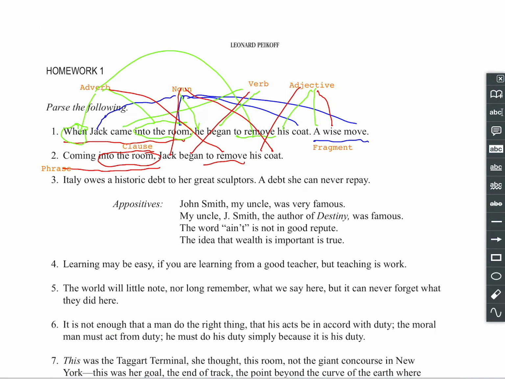Phrase. Save. Okay, so we got a phrase there. So "into the room" modifies coming, and then whatever coming is doing is what this type of phrase is. And then this whole phrase is modifying something about the rest of the sentence, either all of it or some part of it.